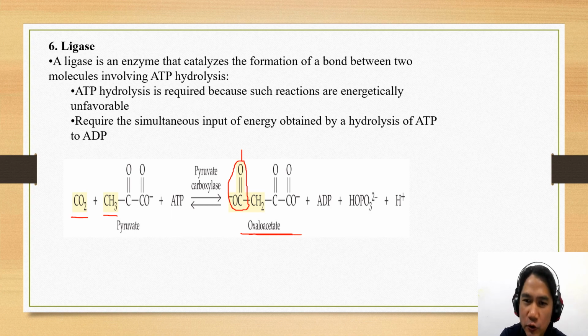In order to form a bond, it requires energy, and the source of energy is the hydrolysis, or breaking down, of ATP. So take note that with ligase, we are forming a new molecule by combining two, in the presence of energy from ATP.